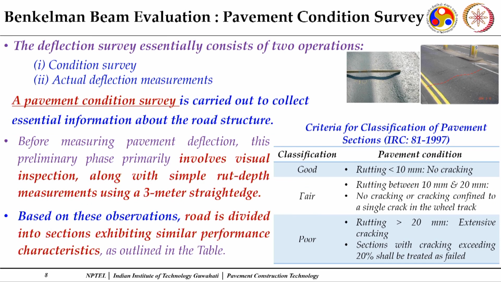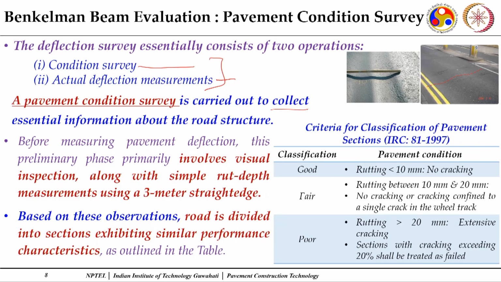Now, while conducting this exercise, we can divide the Benkelman beam deflection study into two main components. One is the condition survey and second is the actual deflection measurements. This condition survey is done to collect some basic information about the road structure, so that we can divide it into some homogeneous sections.